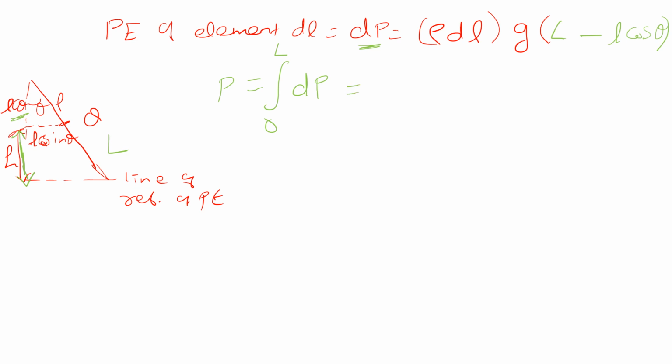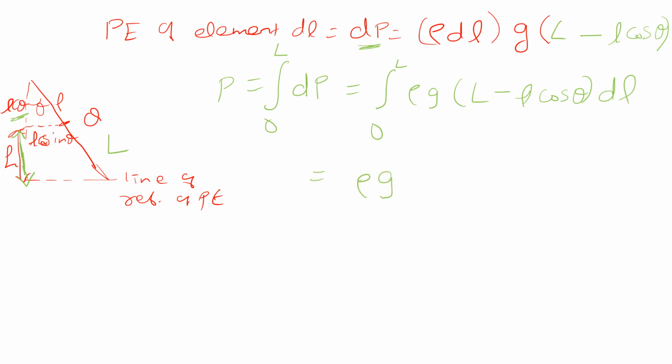By integrating, you get the integral from 0 to L of rho G (L minus l cos theta) dl. Here rho G and capital L are constant.